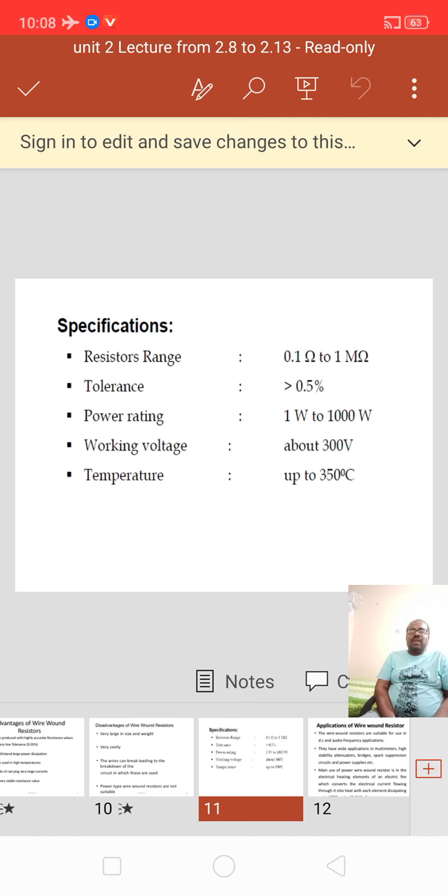Its tolerance value is greater than 0.5%. Its resistance range is 0.1 ohm to 1 mega ohm. Its power rating is 1 watt to 1000 watts. These are the specifications of wire wound resistors.